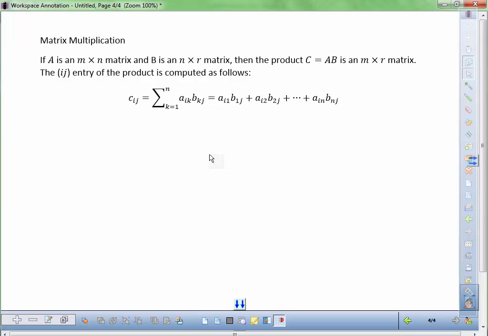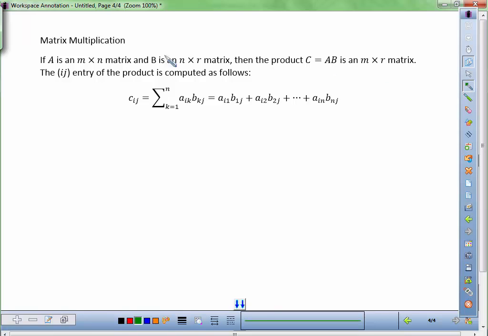So what you have here is, just like addition, where addition has to have a certain size for your matrices, multiplication also has to follow a certain size requirement.